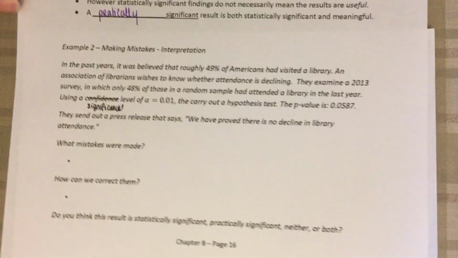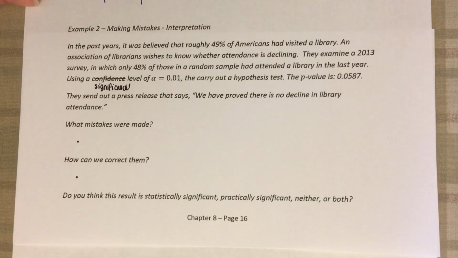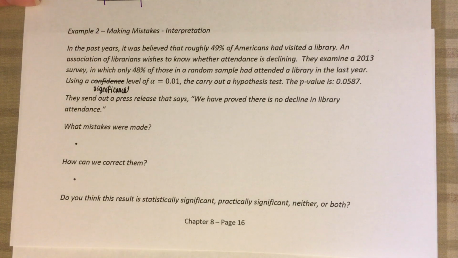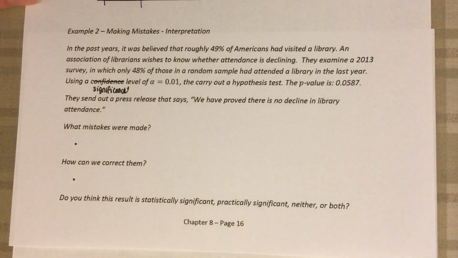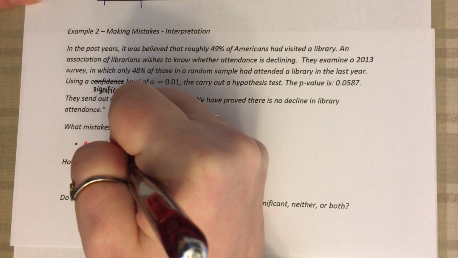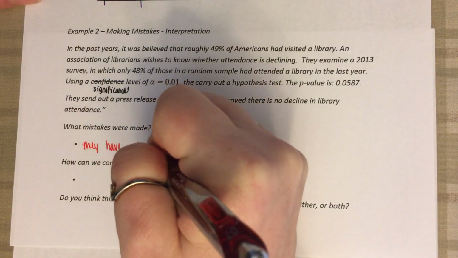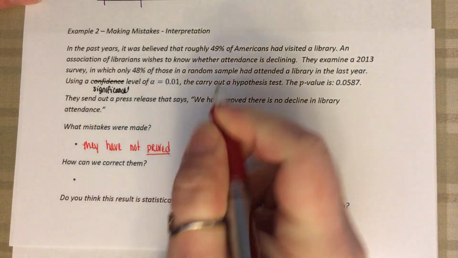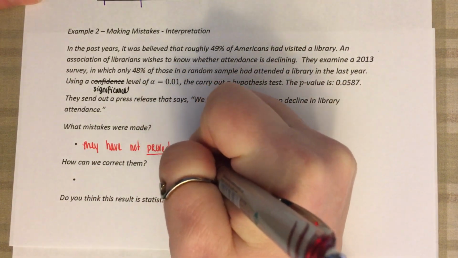So what mistakes were made? In our interpretation, proved is a word that we want to avoid. They have not proved that the null hypothesis is true.